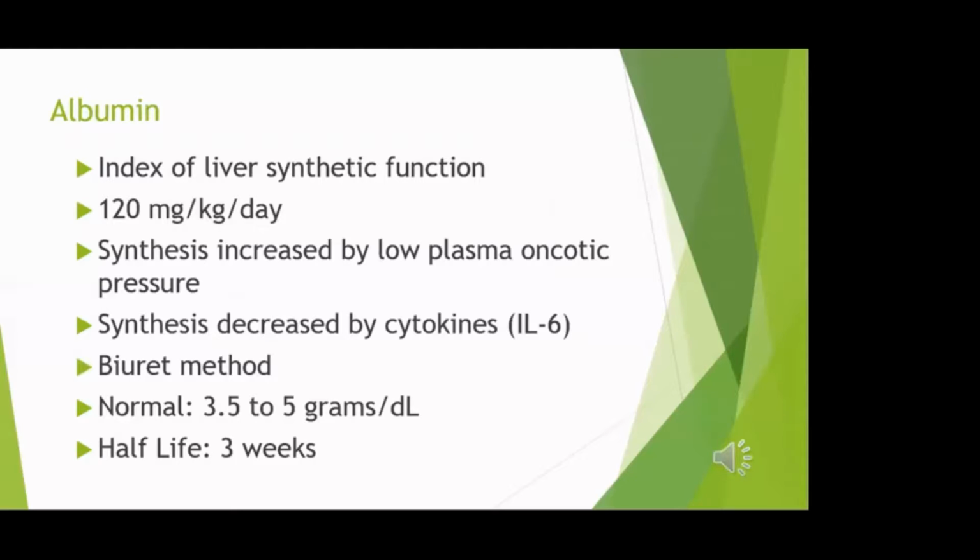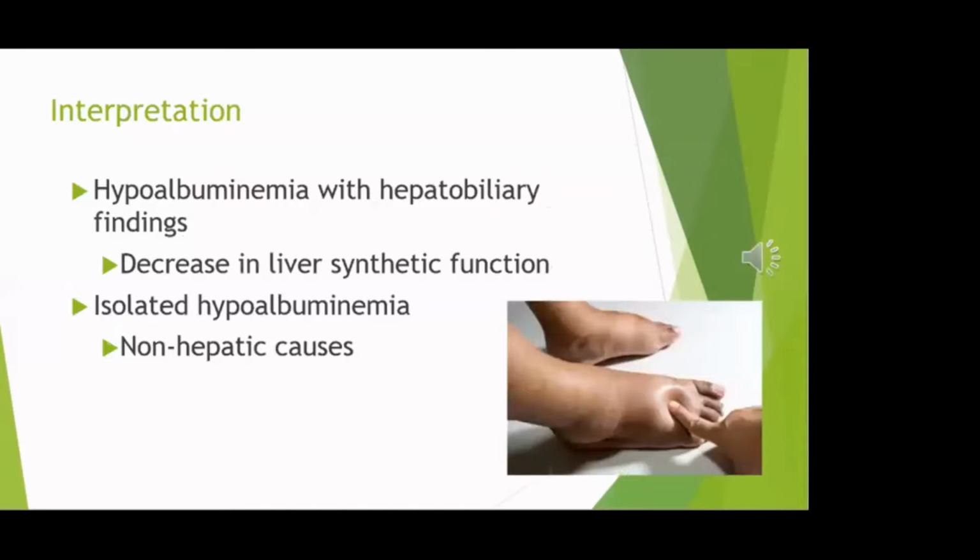Okay, so albumin is an index of liver synthetic function, produced at 120 milligrams per kilogram per day, and its synthesis is increased by low plasma oncotic pressure, and the normal half-life is 3 weeks. So when the patient has hypoalbuminemia with hepatobiliary findings, usually this is secondary to a decrease in liver synthetic function.